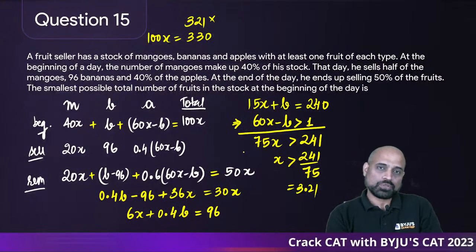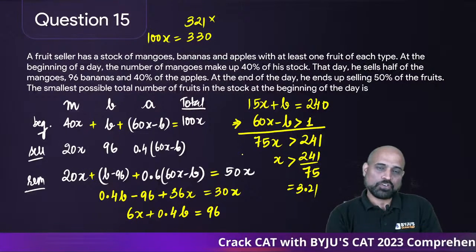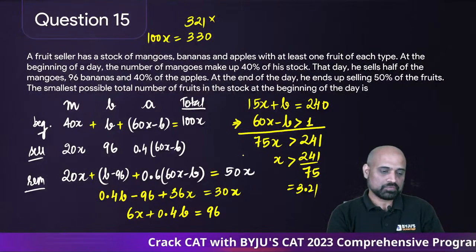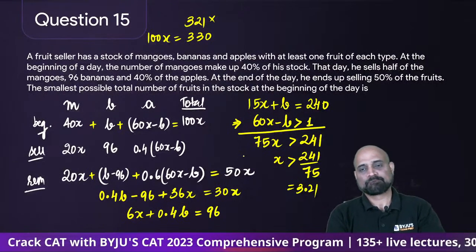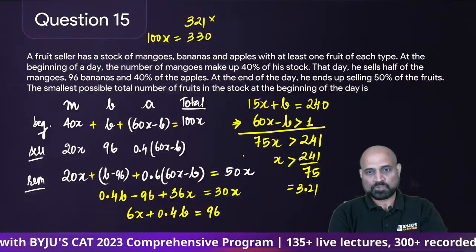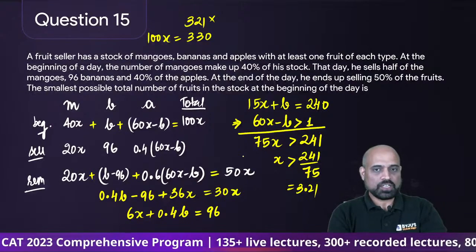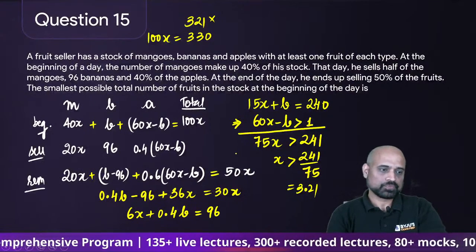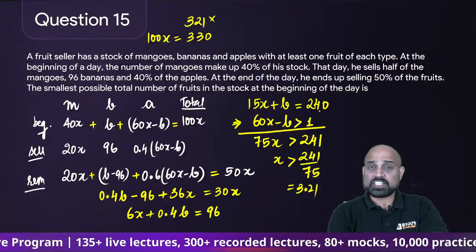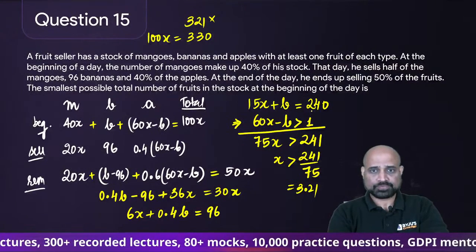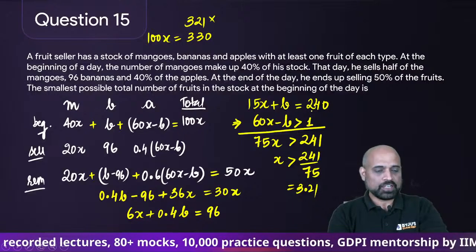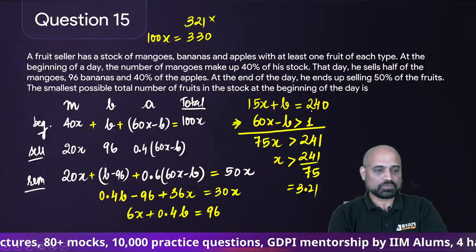तो 40% of 330, 60 into, इसको पुट करके चेक कर लेते हैं. So we will have 15 into 3.3.